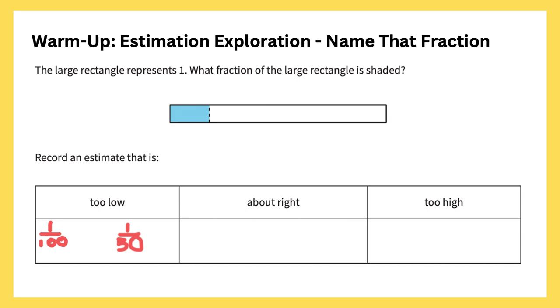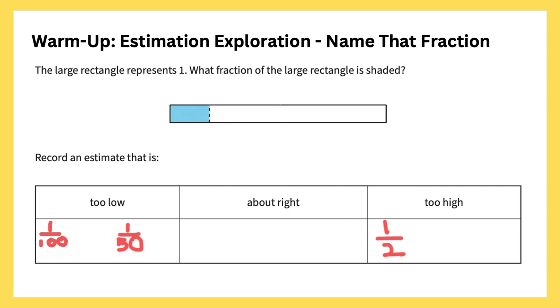Now we're going to make one that is too high. So for too high, I'm going to say 1/2. Now, we know that if we had a half, it would be cut right down the middle, and the rest of this would be shaded in. Obviously, we do not have that much, and so that's how we know that 1/2 is way too high. What's another one that we think is too high?